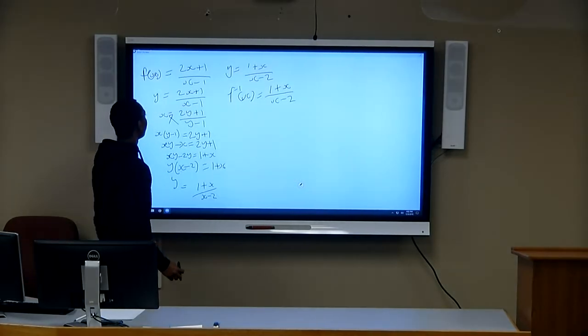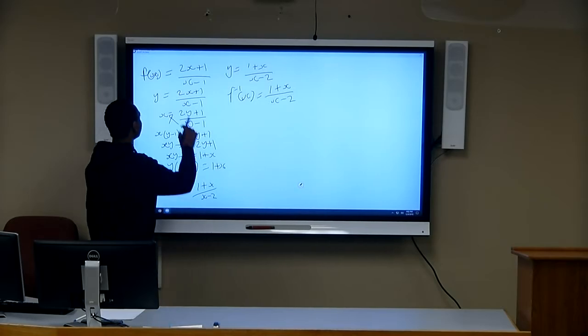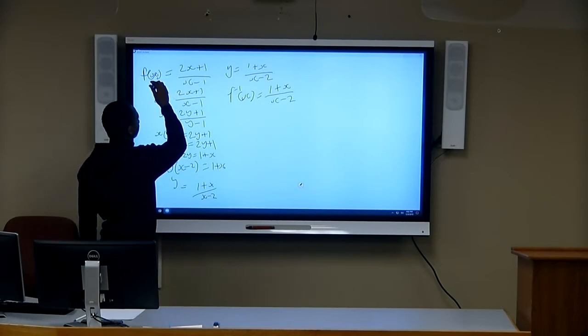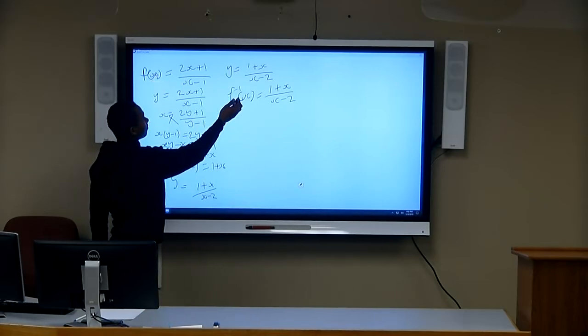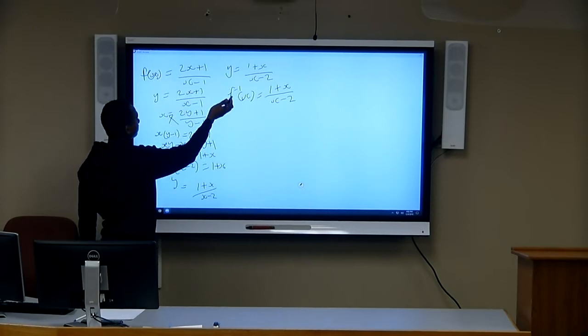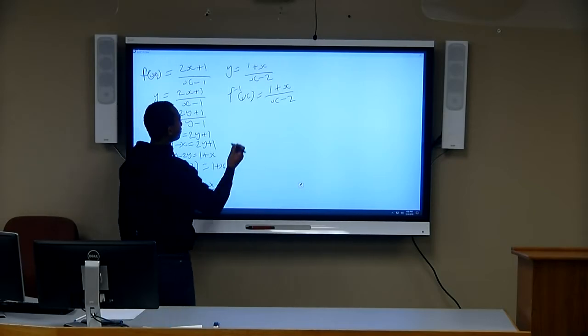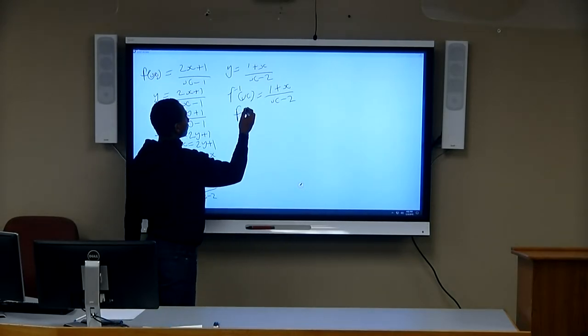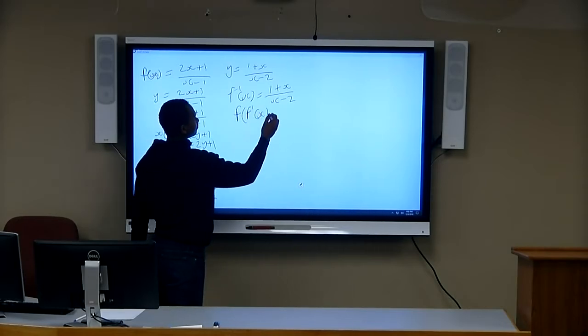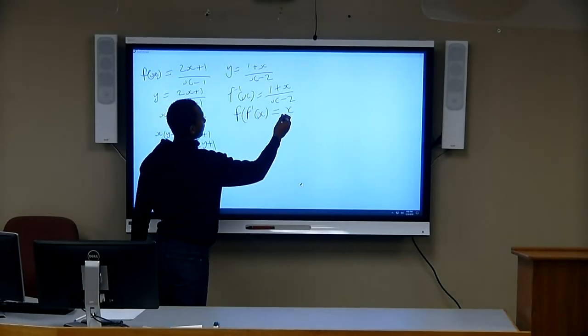Okay, now we're going to verify if this thing, like what we just saw, is the inverse of this function. That's what we're coming to verify. So for it to be the inverse, f of f inverse of x should be equal to x.